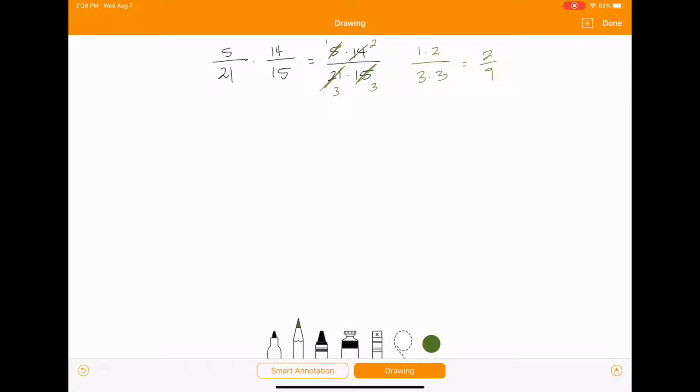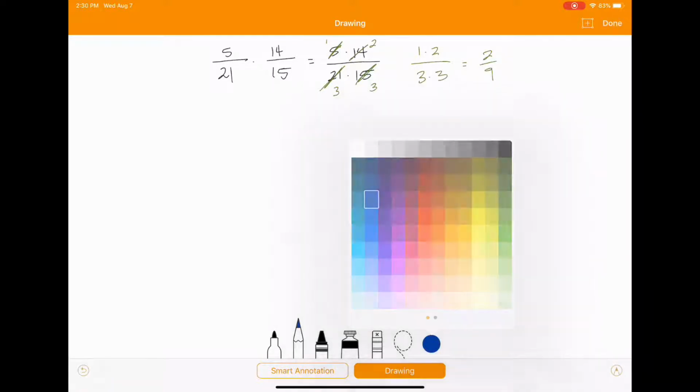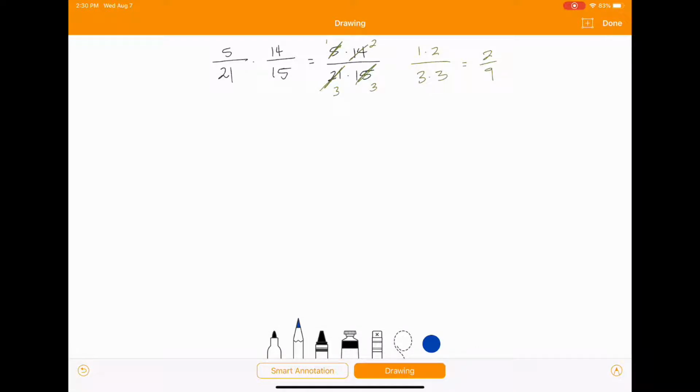However, if you can't just pick that out automatically, you can go ahead and do a prime factorization on all of these numbers. So 5, 14, 21, and 15. So 5 is already done because we just have 5, 2, 7, 3, 7, 3, 5.